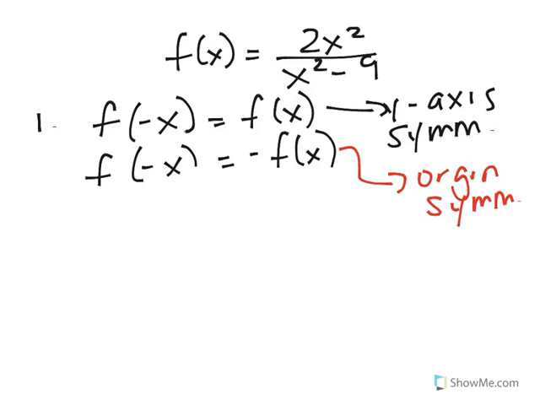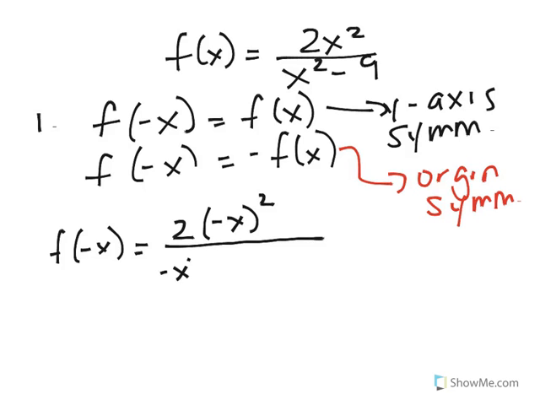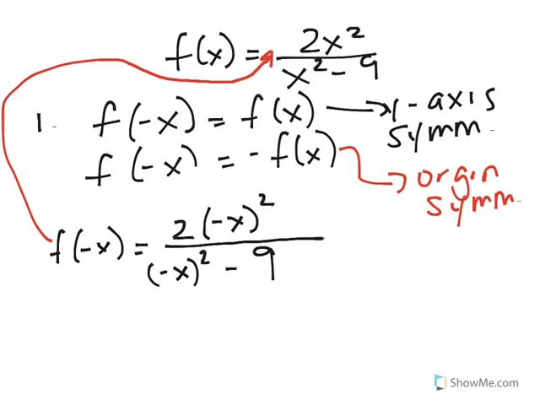So, let's try this. f of negative x is equal to 2 times negative x squared all over negative x squared minus 9. So what I've done is, everywhere there's an x up in here, I plugged in a negative x for that.